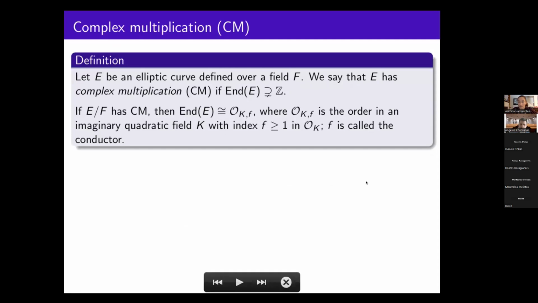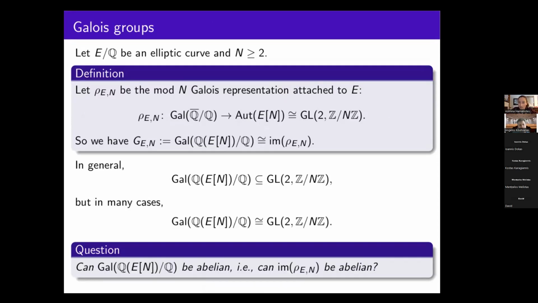Could I ask something? Can you go back? I know when n is a prime, we do know all the subgroups of GL2(Z/nZ). My actual question is, do we know the abelian subgroups of GL2(Z/nZ) in general? Is there any characterization in the literature?